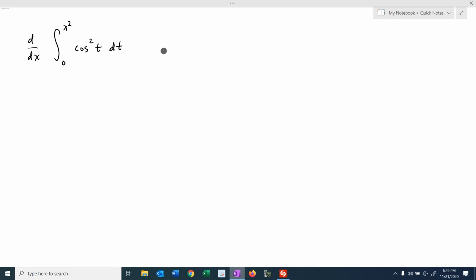Okay, so here's how we're going to fix this. We're going to let u be this upper limit. And if we do that, then we're going to take the derivative with respect to x of this definite integral that goes from 0 to u now.